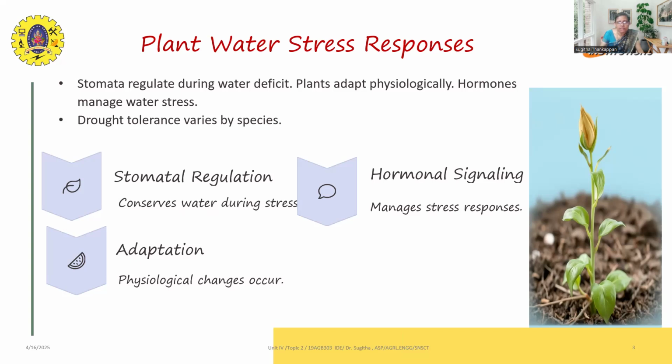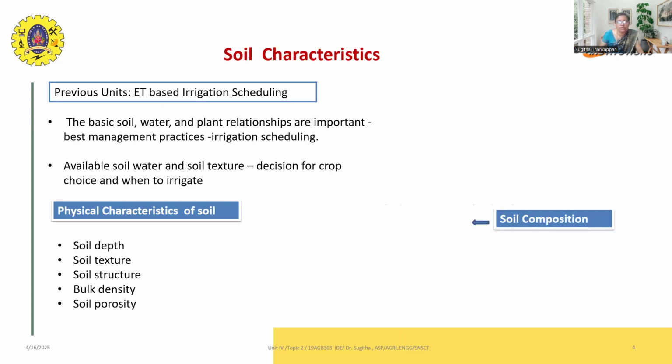We have to understand that the drought tolerance or resilience of crop plants varies by species. Certain plant species can tolerate moisture stress, while some other crop varieties are much more vulnerable to the stress, so they cannot withstand drought or the lack of soil moisture.